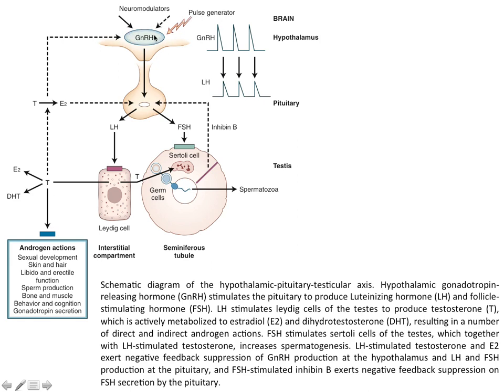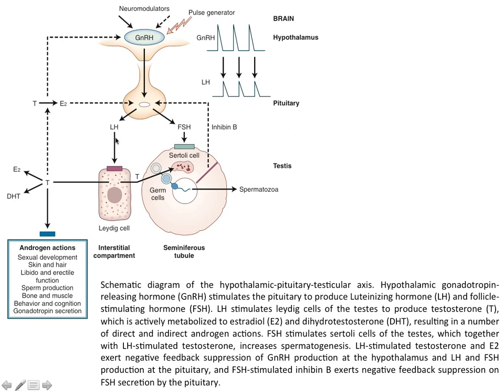So once this GnRH is produced by the hypothalamus, it goes to the anterior lobe of the pituitary, and the pituitary produces two important hormones, that is LH and FSH. LH goes to the Leydig cells in the testes because the receptors for LH are present on the surface of the Leydig cell. On the other hand, FSH goes to the Sertoli cell because the receptors are present on the cell surface of the Sertoli cell.